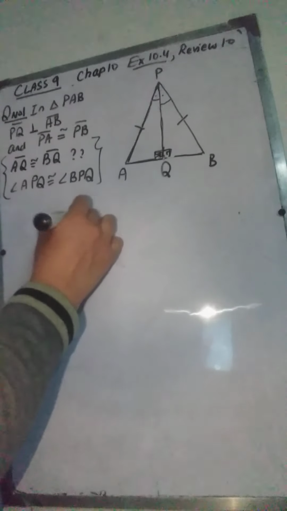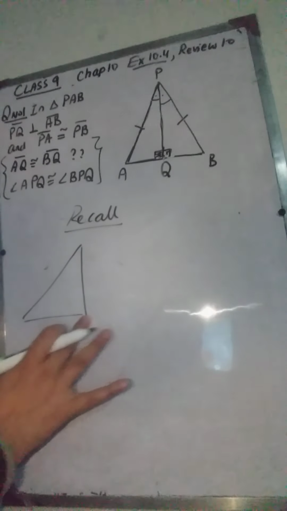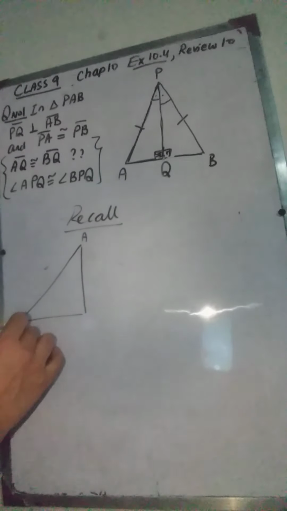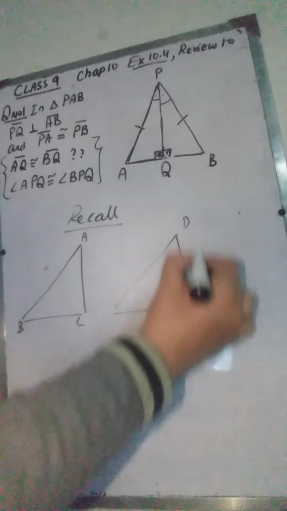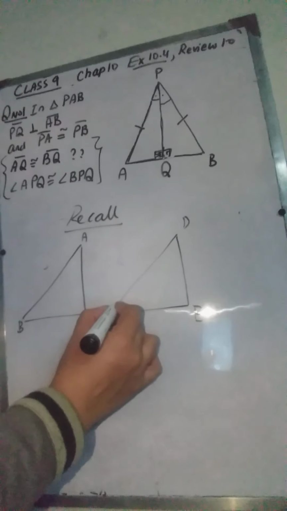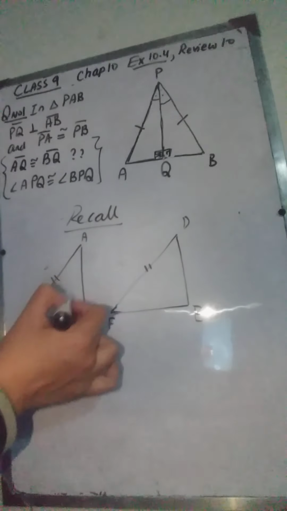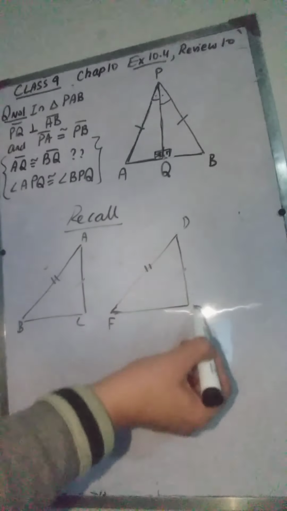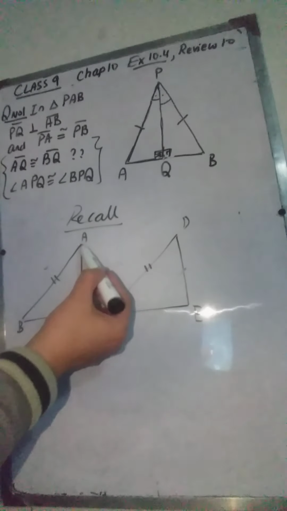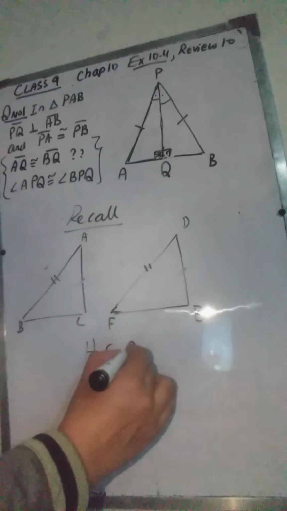If you recall, the HS postulate is that if you have two right triangles, suppose triangle ABC and right triangle DEF, then both these triangles are congruent if their hypotenuse and one of the sides, let us suppose AC is congruent to DE, are corresponding as well as congruent. This is called the HS postulate.